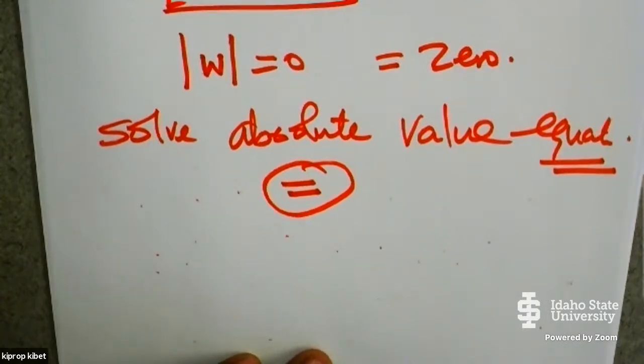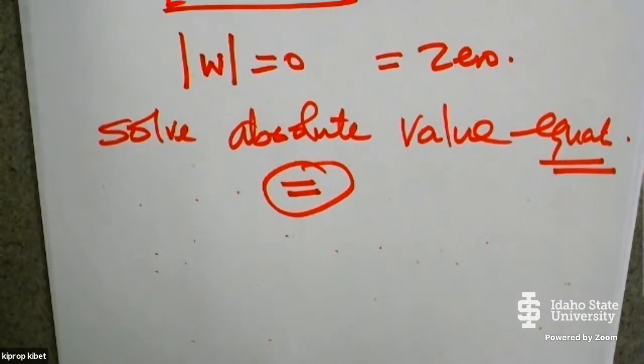The expression doesn't have the equal sign. Also, the equation can have the inequalities, greater or equal to, less or equal to, that is still an equation. So how should we solve the absolute value equations?